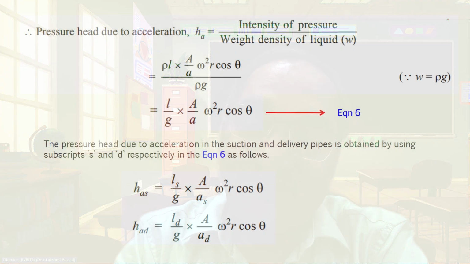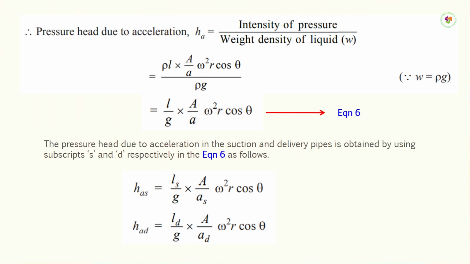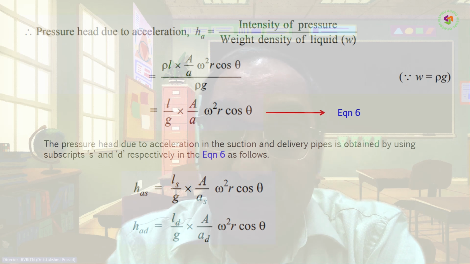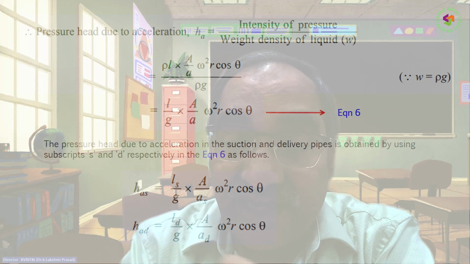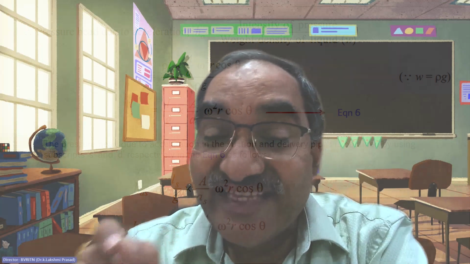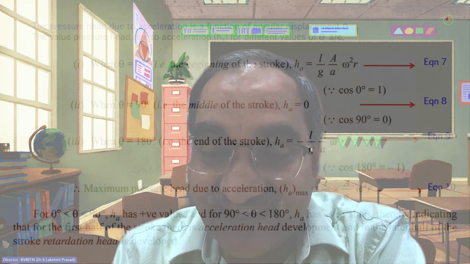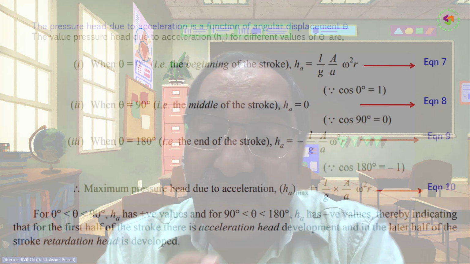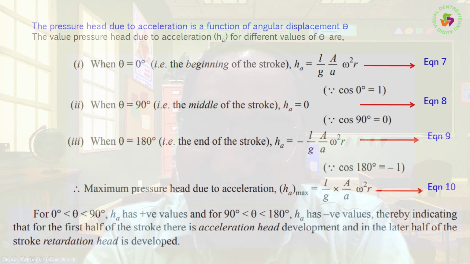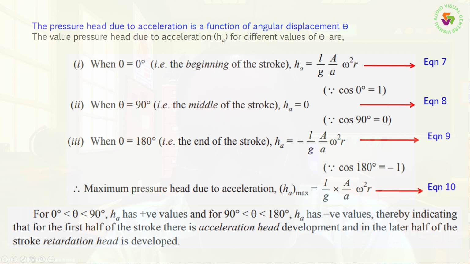Again, it reflects in the pipe also. During the delivery stroke also, the same will be repeated. So the acceleration or deceleration of the piston inside the cylinder affects the velocity in the suction pipe and delivery pipe.